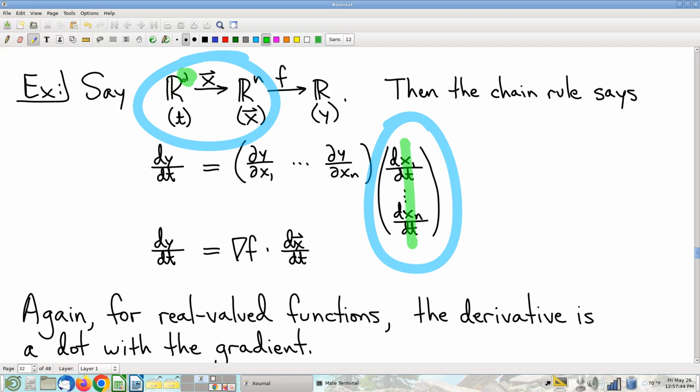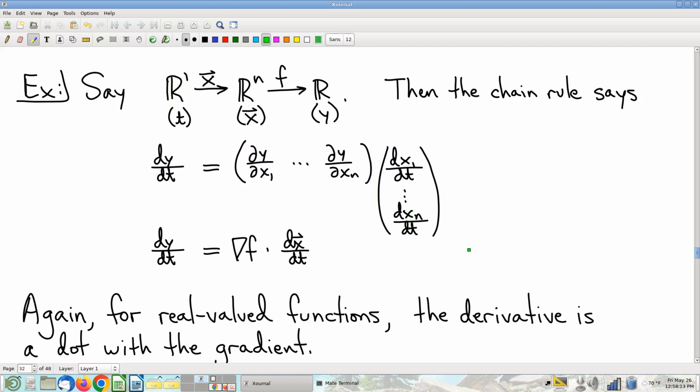So, what we call vacuously, I'm holding the other variables constant, but actually there are no other variables. So I don't have to hold them constant because there aren't any of them. Said differently, I can just call them regular old derivatives. Is that cool? Everybody happy with that?